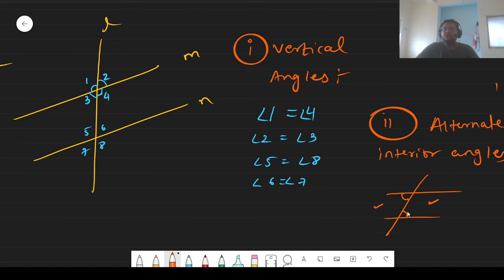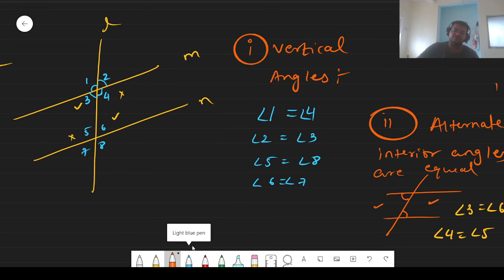So alternate interior angles are equal. So let's list down some alternate interior angles. Here we are able to see that 3 and 6 are alternate interior angles and 4 and 5 are alternate interior angles. So I can write angle 3 equals angle 6, and also I can write angle 4 equals angle 5. Is it clear?